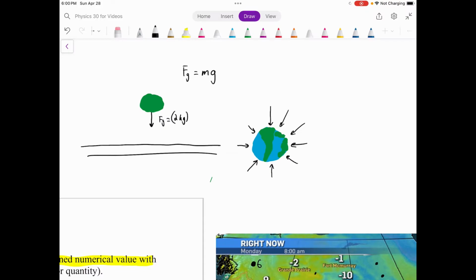So now it would feel twice as much gravitational force as the 1 kilogram apple. 1 kilogram is a very heavy apple, I guess, but just for the sake of the numbers, right? It would feel twice as much gravitational force now because it's got twice the mass, right? So instead of only feeling 9.81 newtons of force here, it would feel double that, 19.62 newtons, right? And if we repeat it over here, it would feel 19.62 newtons.